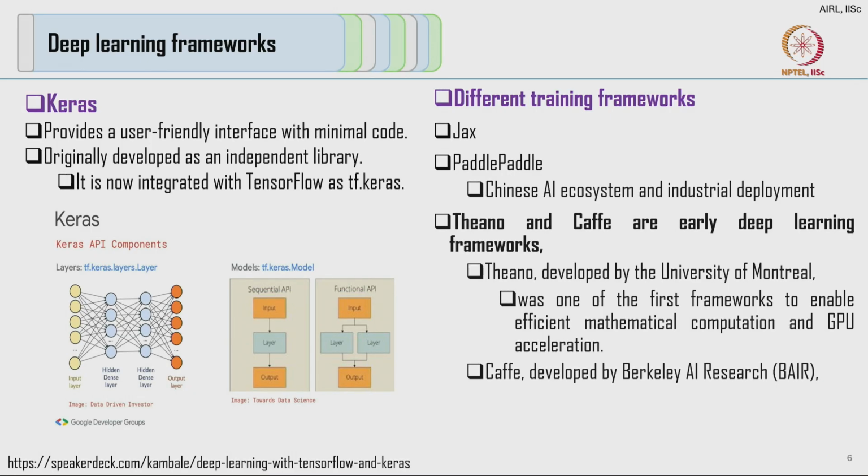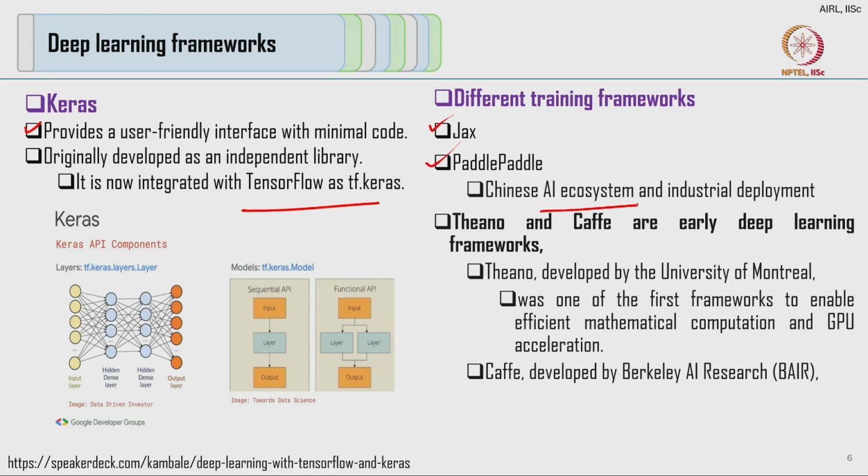Now there is also Keras, which was also widely used. It's still used because of its user friendly interface. So in case anybody is starting with these frameworks, Keras does provide a very intuitive way to define these components. However, now it has been integrated with TensorFlow. Now lastly, there are also other types of frameworks, for example JAX and PaddlePaddle.